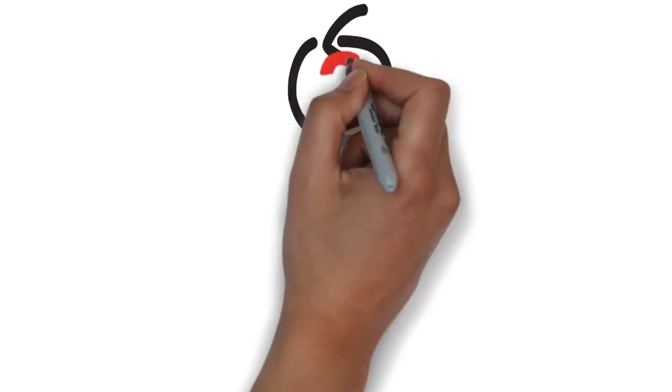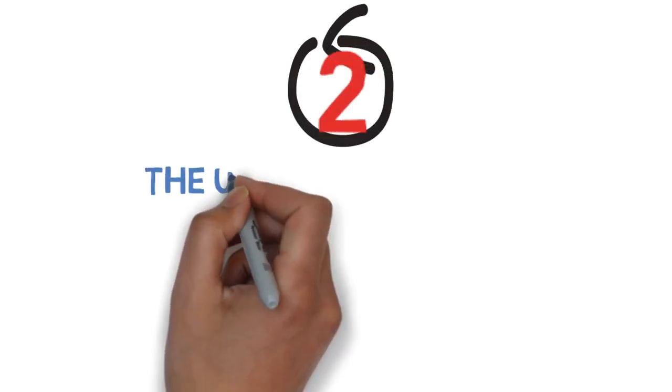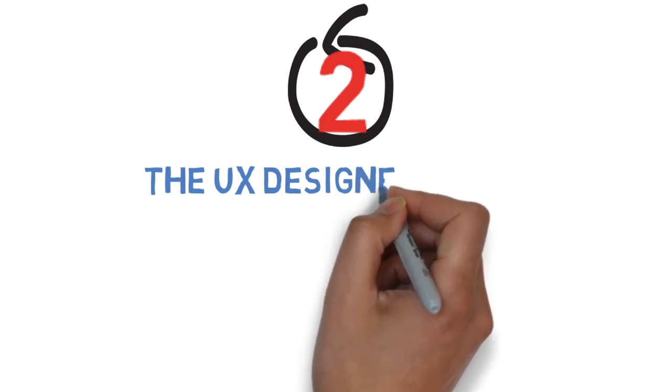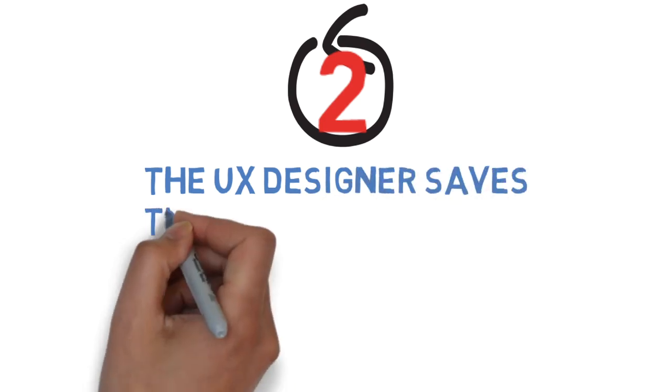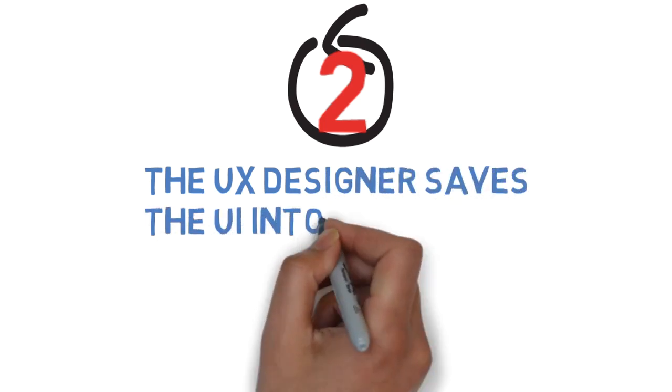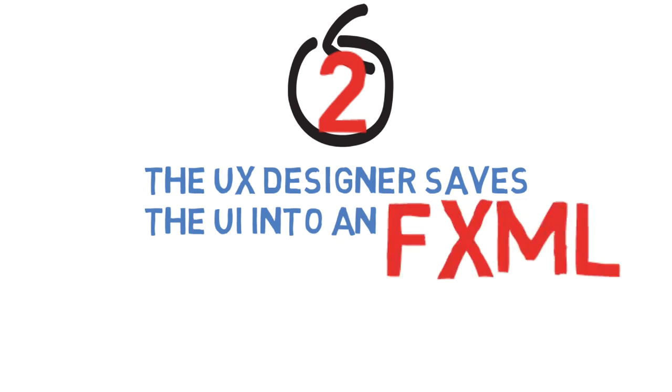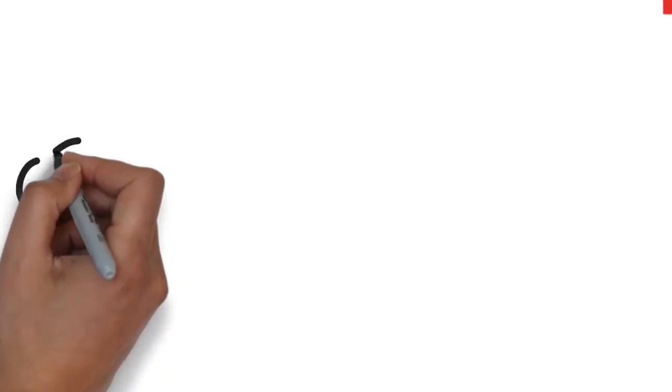Step 2. Scene Builder allows the UX designer to save the UI into an FXML file. You simply hit save and it generates a whole bunch of XML with the FXML specification of the entire UI which has been built without touching any code. So we have the UI, we save it as FXML and move on to step 3.